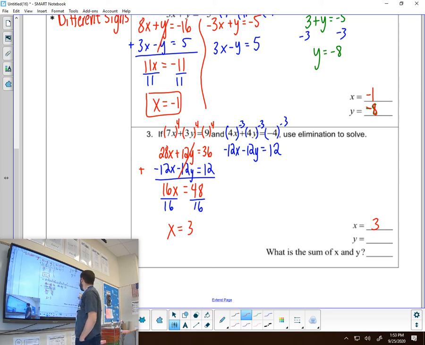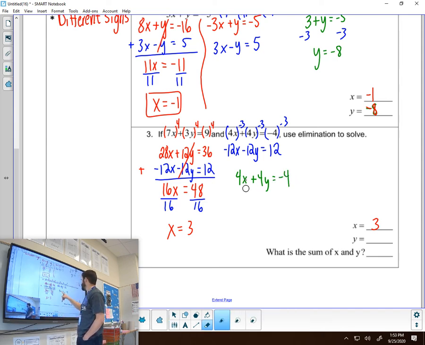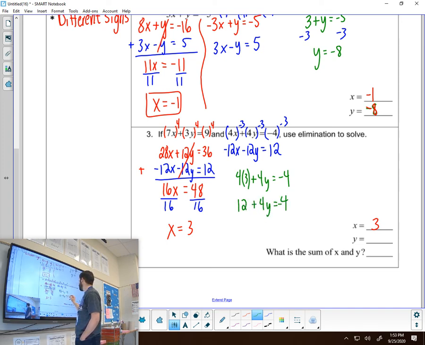Okay, but now that I have this x value, I'm going to take that original equation that I have over on the other side, this 4x plus 4y equals negative 4. We're going to take that value for x, and we're going to plug it in for x right here. So we're going to plug in a 3. So 4 times 3 is 12, so we have 12 plus 4y equals negative 4.